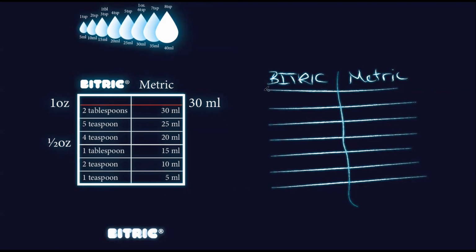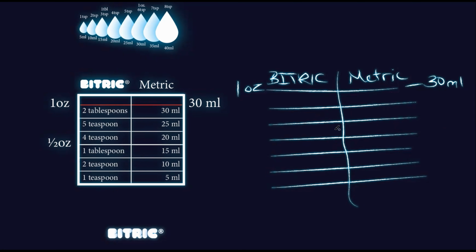And then up here on the top line, you want to put 1 ounce. And over here on this top line, you put 30 milliliters because that's about the equivalent. It's not the exact amount, but it's what's commonly used, the rounding system that's commonly used in the medical industry for convenience.